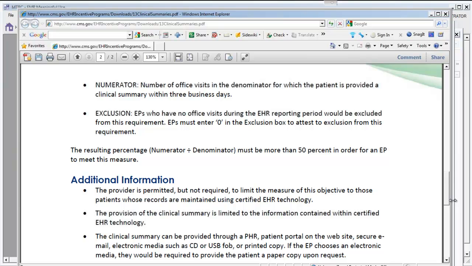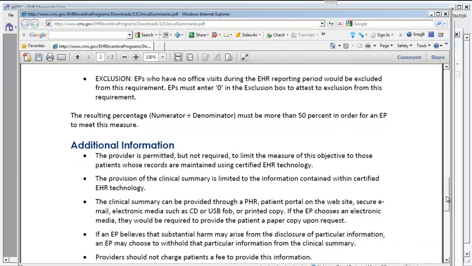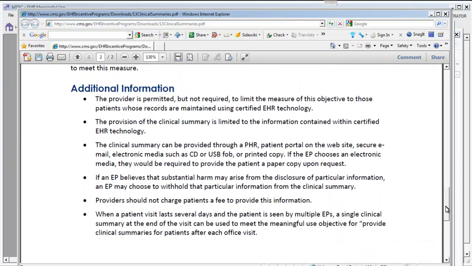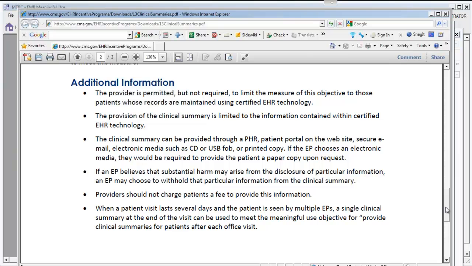Let's take a look at some of the additional information here that's relevant for this measure before we talk about how this is provided through the MTBC EMR. Again, with this measure, you are permitted, but not required to, limit this measure to only those patients who are in the EMR.